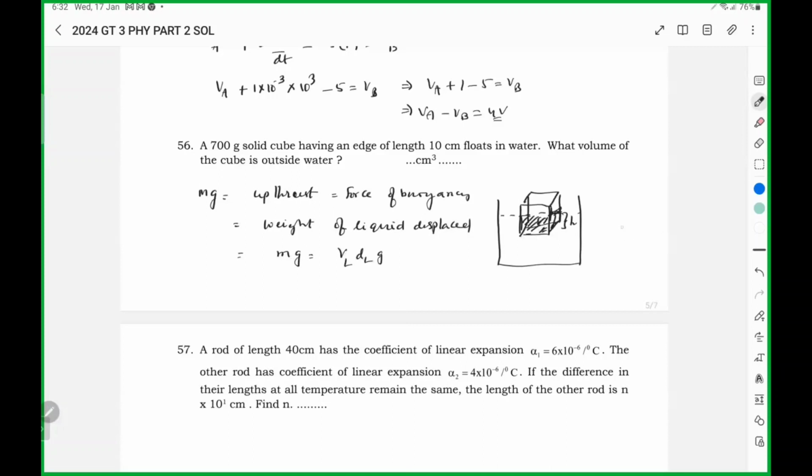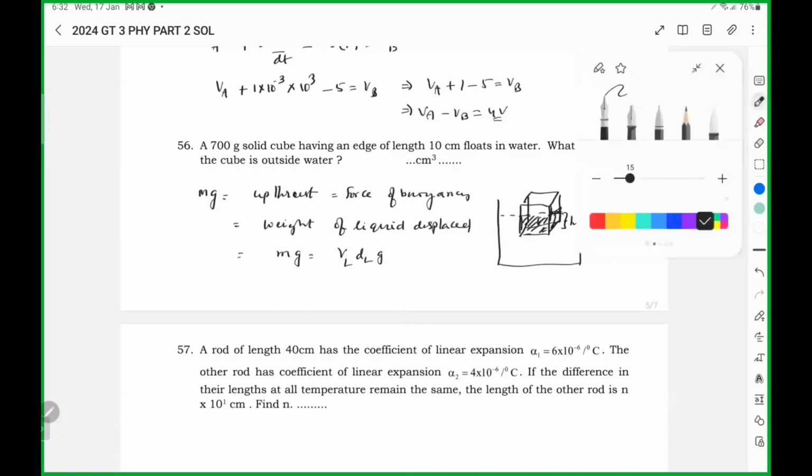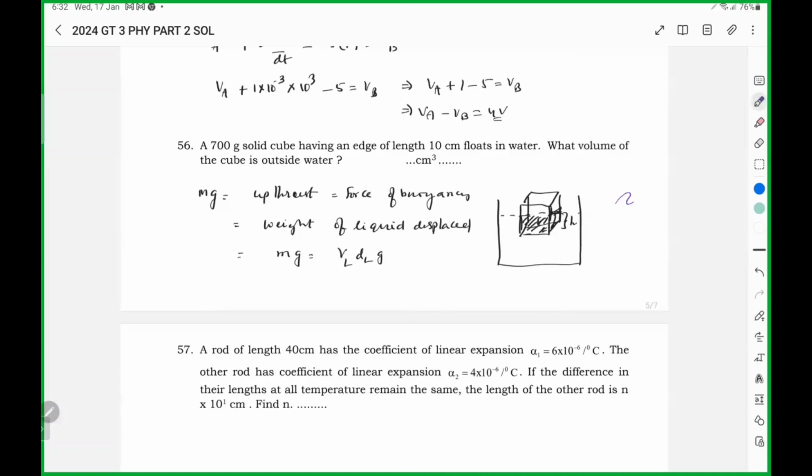So here for a square, the cross-sectional area is A. Up to this height only liquid is there, A into H. So water in terms of grams, it is 1 gram per centimeter cube.